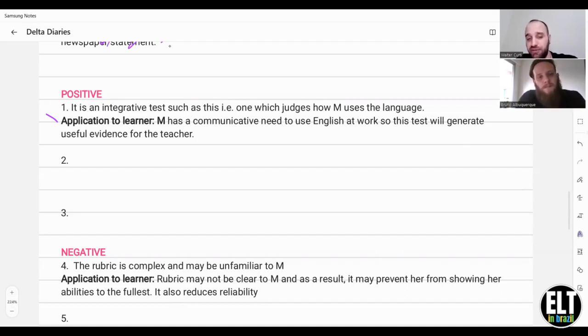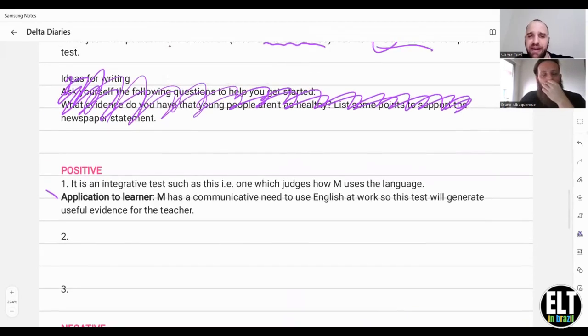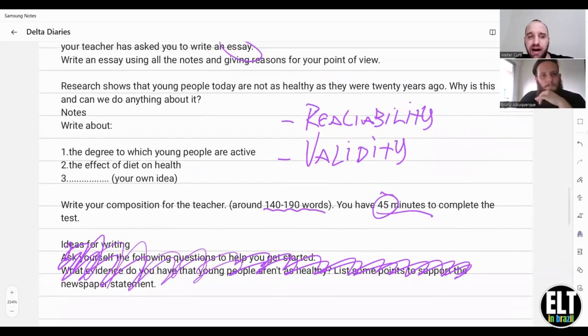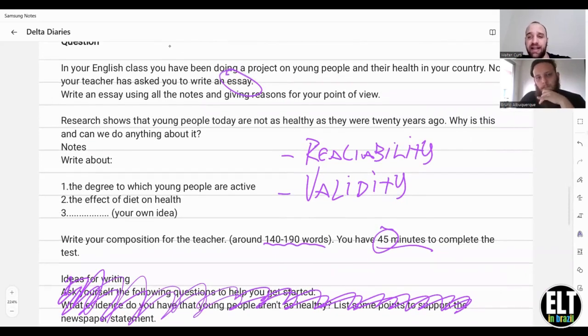Which reduces reliability, right? This is just an example, but if we think harder, there are other negative things to be said about the test. For example, the fact that it is a direct, oh yeah, I just thought of one. As it is a direct test, it's going to rely on subjective marking.